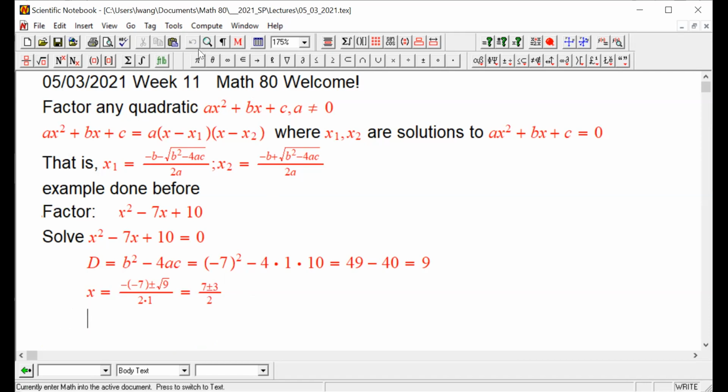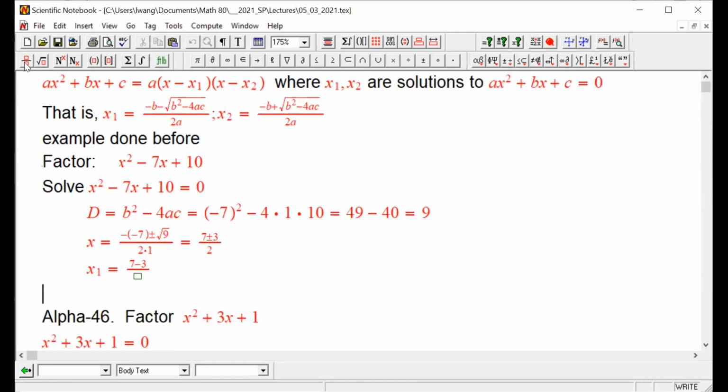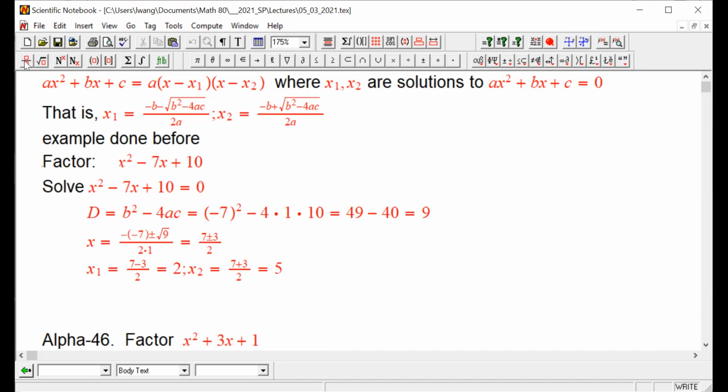Let's see, what is our x sub 1? Well, you can use 7 minus 3 divided by 2. That's going to give us 2. x sub 2 equals 7 plus 3 divided by 2. You're going to get 5. And we got our factors already.